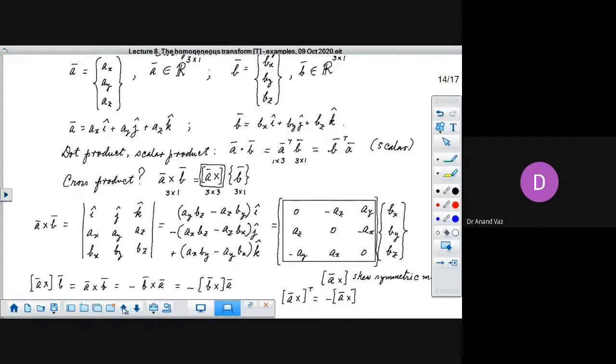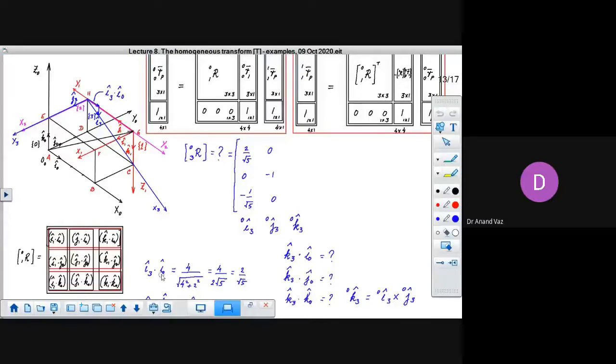Now coming back to our example over here, if we look at this example, we are to take the cross product I cross J. So we have I here, we have J here, we have to take I cross J. Okay, so it's very simple.